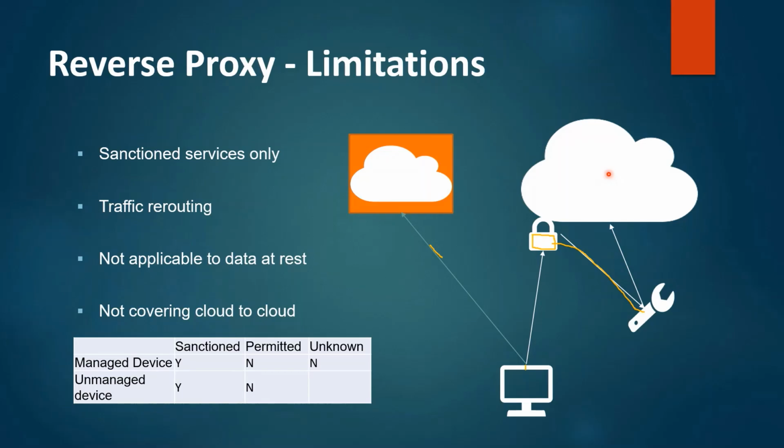But for data that's already in the cloud, there's no way to reach over and put the control, either doing classification or doing encryption. And lastly, with this, the control happens outside of the cloud service. So there's no way to really manage cloud-to-cloud transactions.